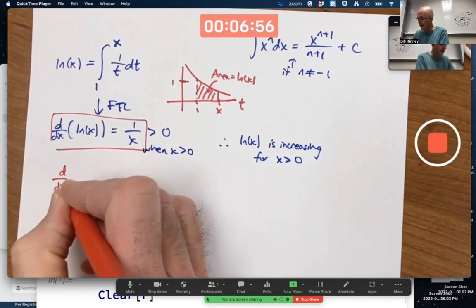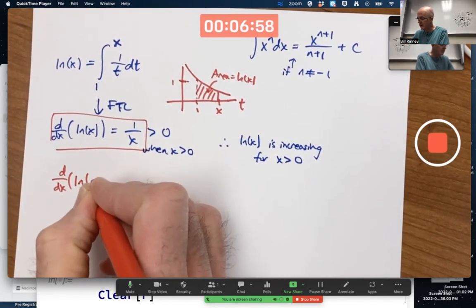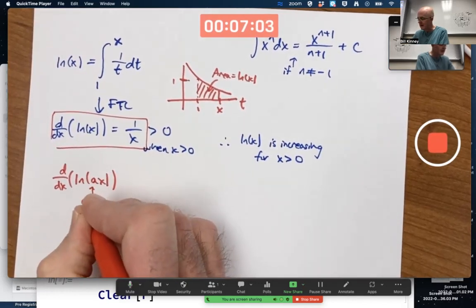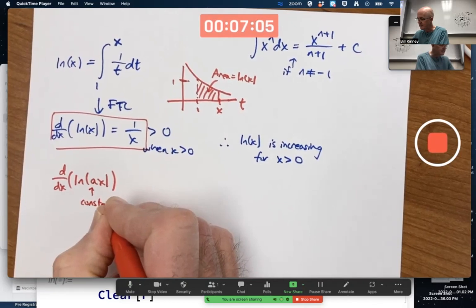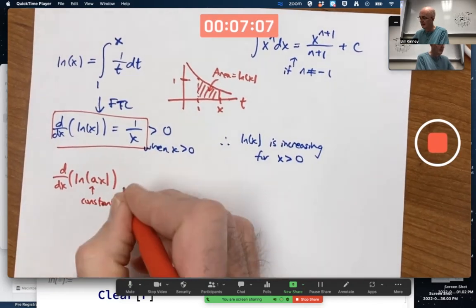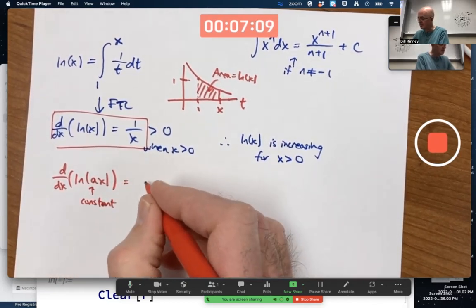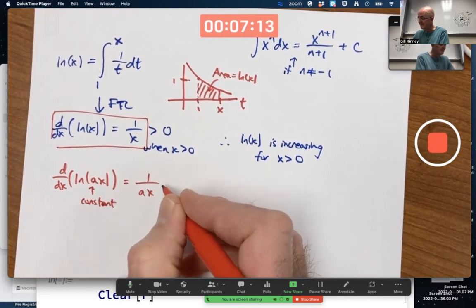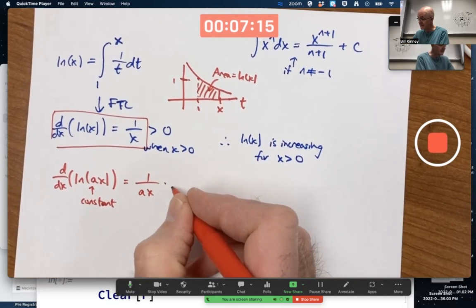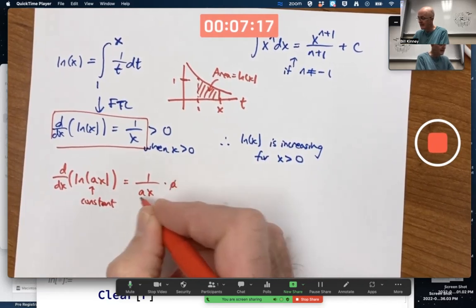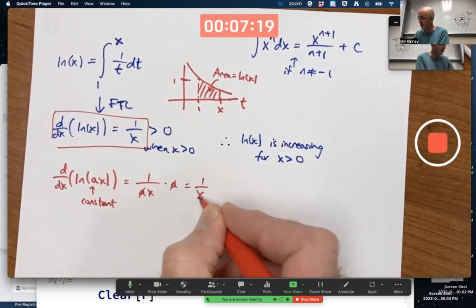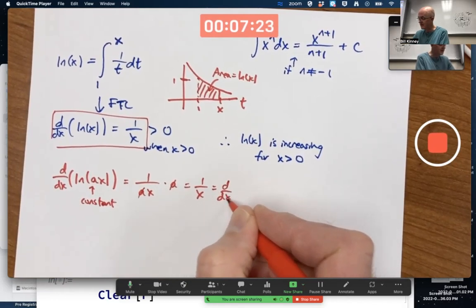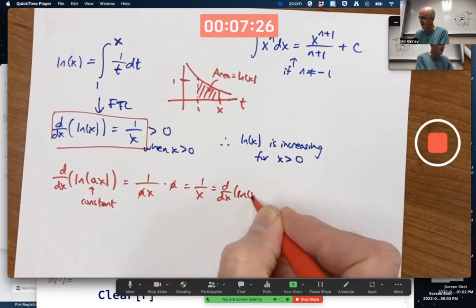We also know from calculus that the chain rule would allow us to differentiate something like this, where a is a constant. By the chain rule, the derivative of this will be 1 over a times x times the derivative of a times x, which is a. Hey, those a's cancel, leaving you with 1 over x, which is the derivative of the plain natural log function.